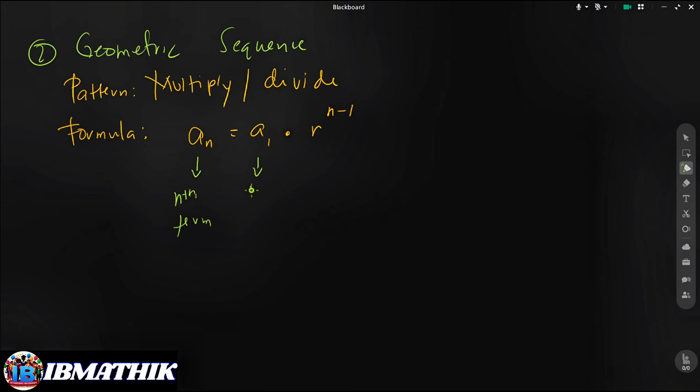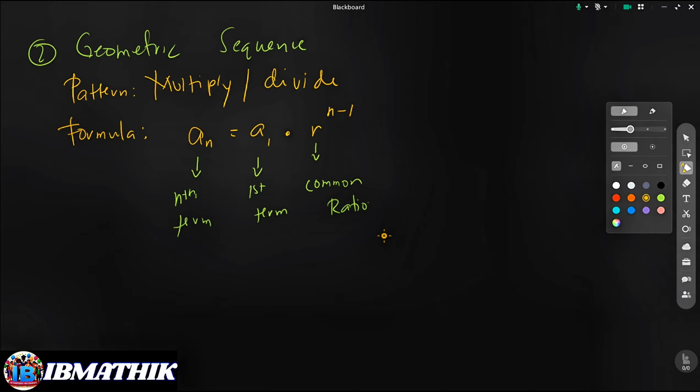This is the nth term, the term that we are trying to find. And for the a sub 1, same thing, first term, and our r is the common ratio. For arithmetic, we have common difference. For geometric, we have common ratio.